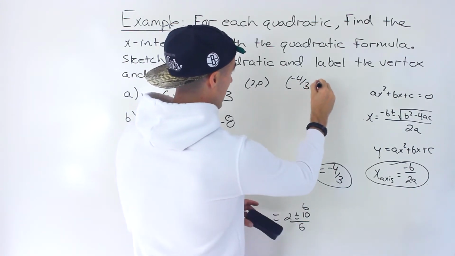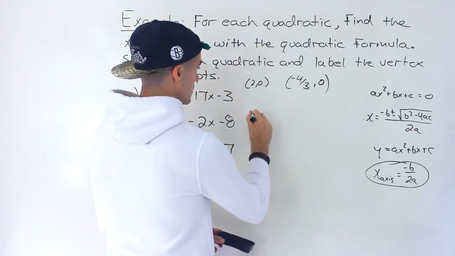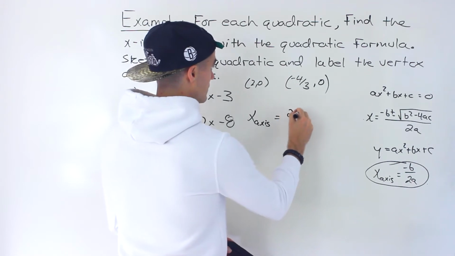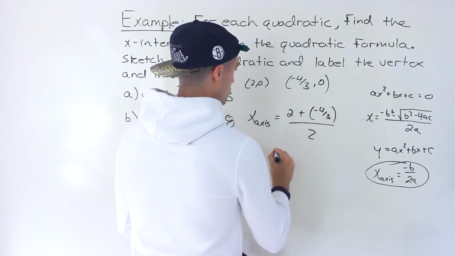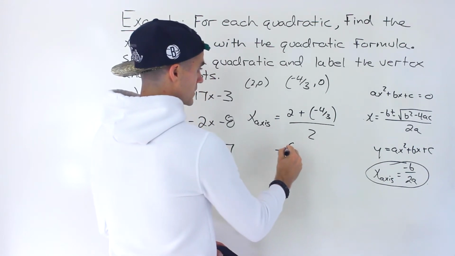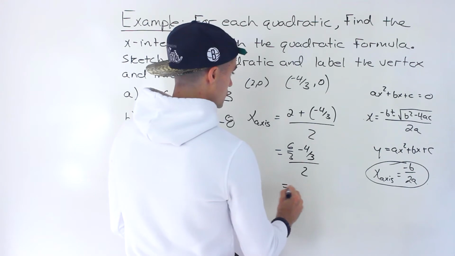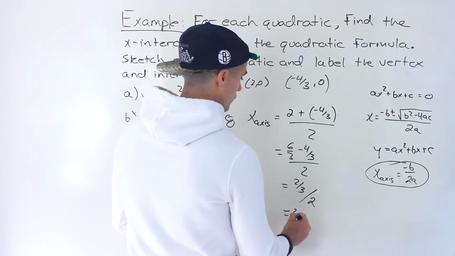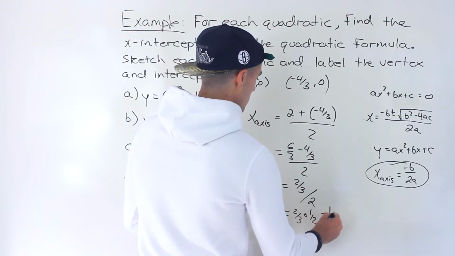Now if we want to find the x value of the vertex, what can we do? Well, we could add these two, or the axis of symmetry. We could add them and then divide by 2, which would be 6 over 3 minus 4 over 3 over 2, which would give us 2 over 3 divided by 2, which is 2 over 3 times 1 over 2, which would give us 1 over 3.